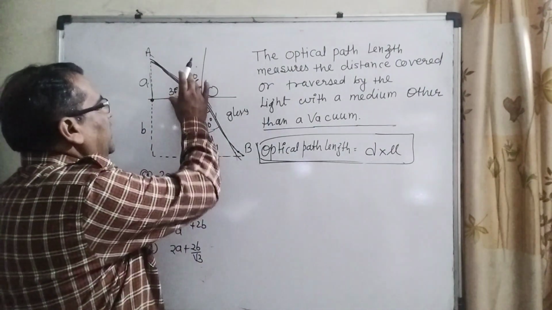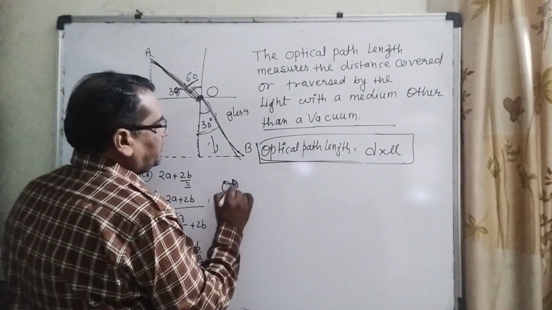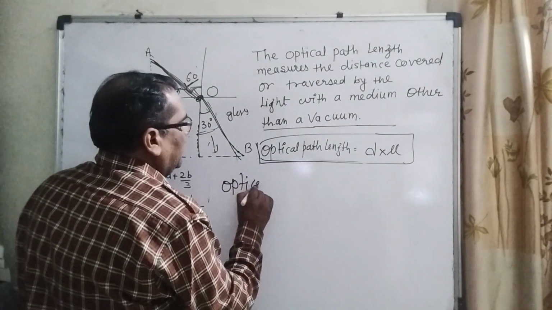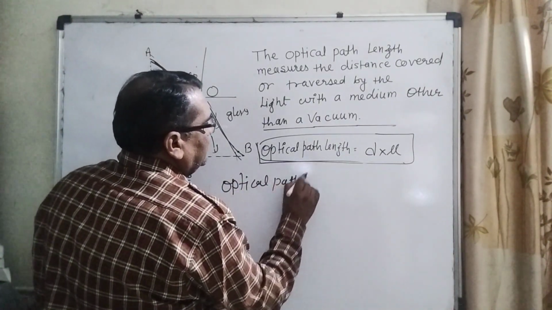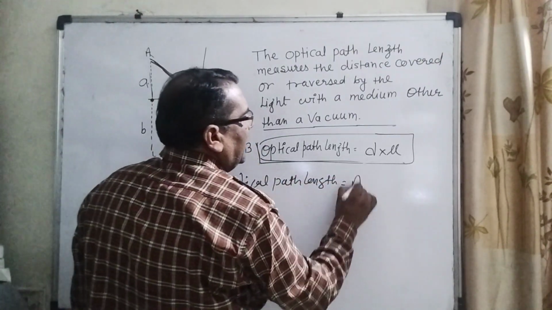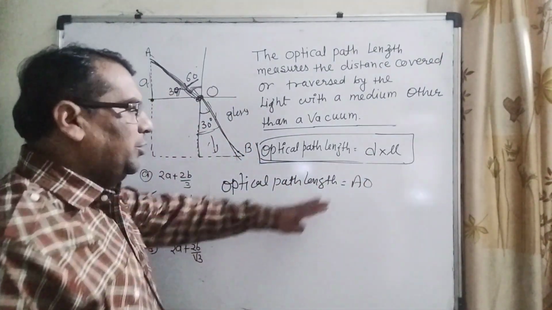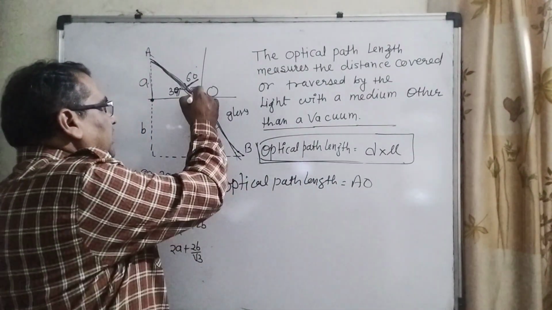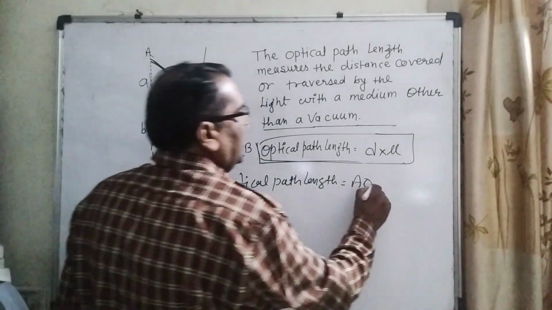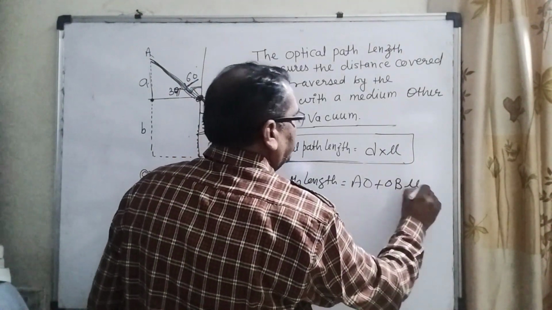So how can we find the optical path length? We have to find the total path length. AO is directly in the air, so there is no need to multiply by mu. But when it is refracted into the glass medium, it can be written as OB into mu.